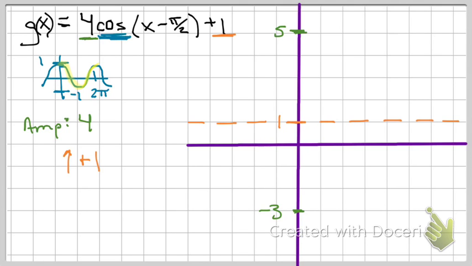Correct. It shifts the graph. Shifts the graph which way? Bryce, you're saying it takes the y-axis and shifts it which way? To the left? This is where I kind of lost it. I don't really know. Okay. Does somebody see it differently?